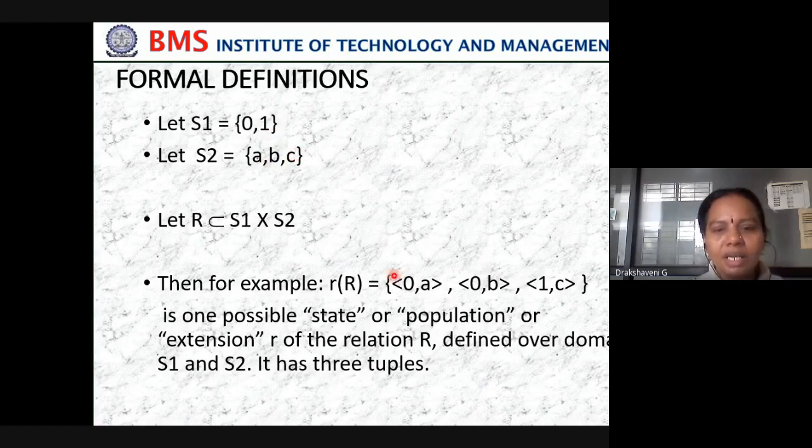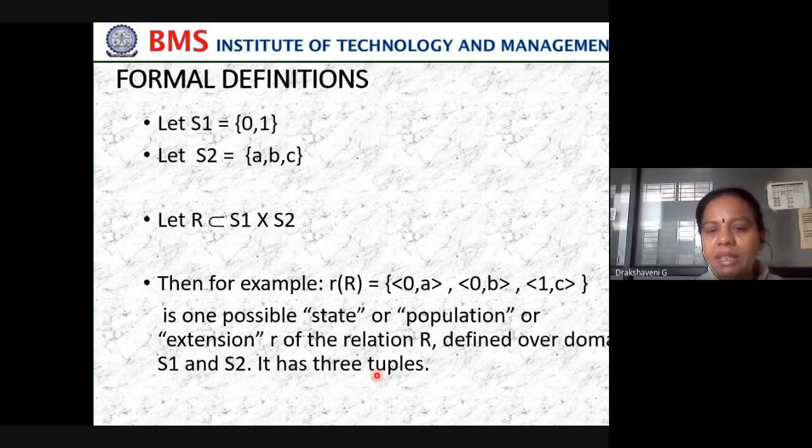But here you can see we have taken just a few, not the complete product. We have taken 0 of A, 0 of B, 1 of C. That's the reason S1 Cartesian product S2 is always a superset, and r is one possible state or population or extension r of the relation R defined over domains S1 and S2.